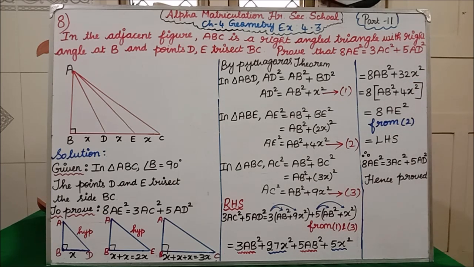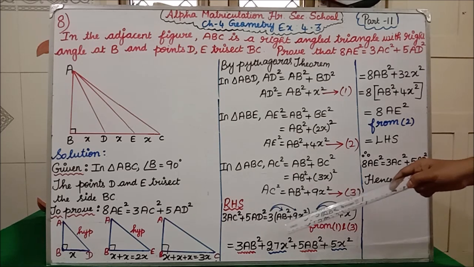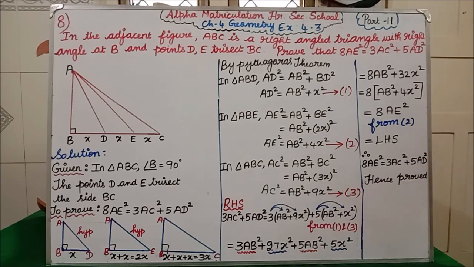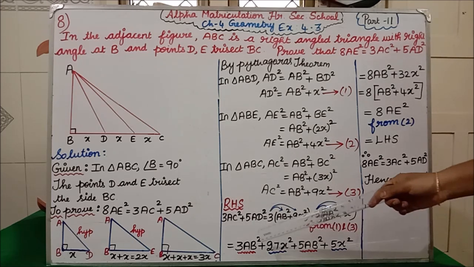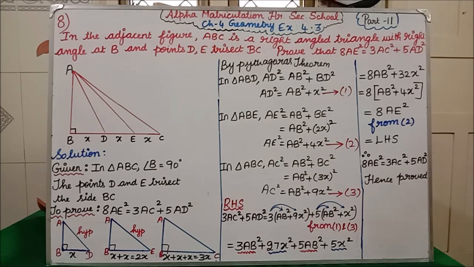Write that here. Then afterwards we are going to multiply. 3 into AB square is what? 3AB square. 3 into 9 is what? 27x square. Plus 5 into AB square is what? 5AB square. 5 into x square is what? 5x square. Clear students? The next step, what we have to do? Here we are having AB square and here also we are having AB square.